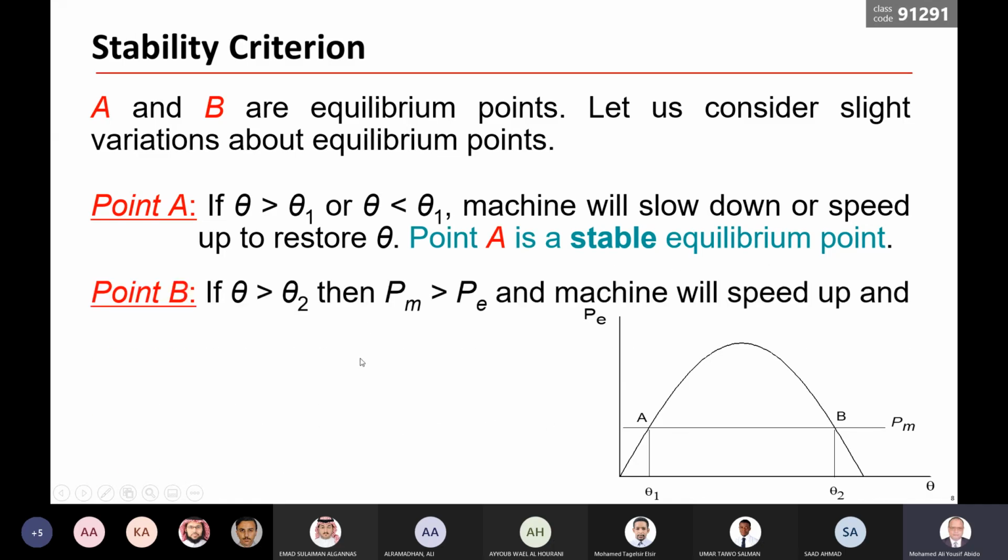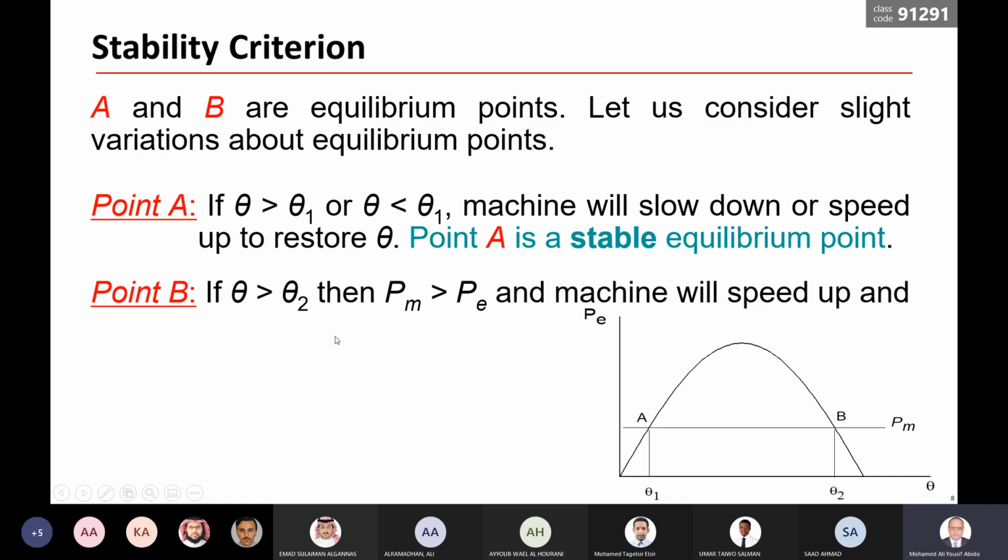And the opposite for B, as we mentioned, if theta is greater than theta 2, if the electrical power is lower than normal due to reduction of the load or something like this, P mechanical is greater and the machine will speed up and the angle will increase.